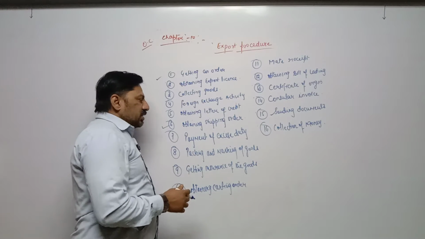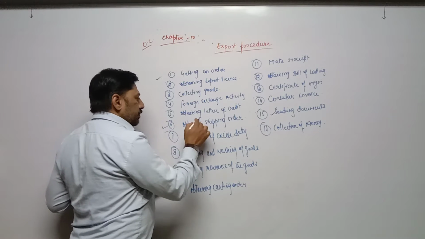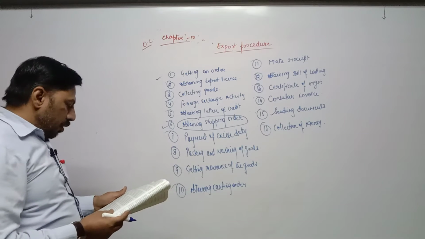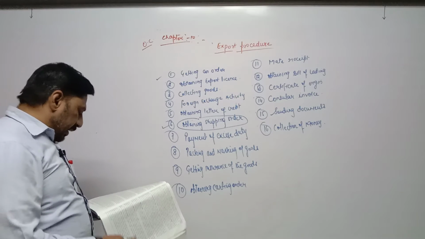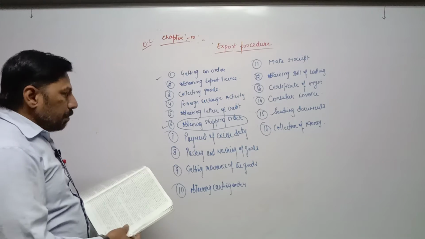Separately a question will be asked, for example, short notes: obtaining shipping order. Then next one is mate receipt.